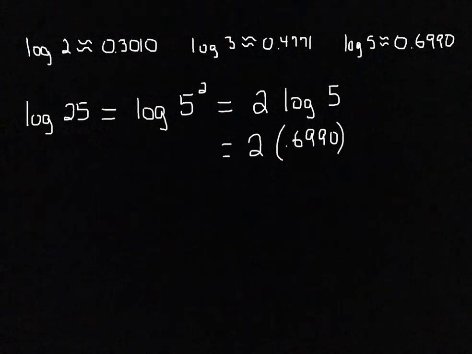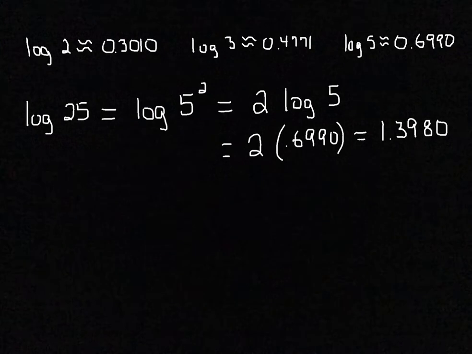So it's twice of what 0.6990 is, which is 1.3980. So instead of using a calculator, now we might have to use a calculator to do 2 times 0.6990, but we didn't have to have a calculator with logarithms on them. All right, we could just simplify with what we do know.